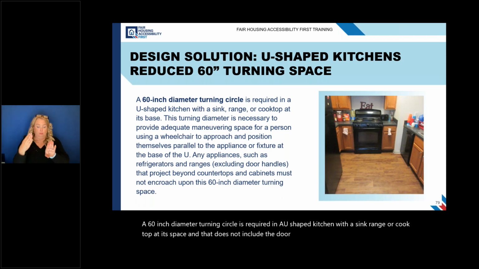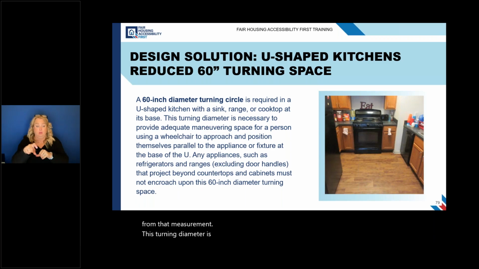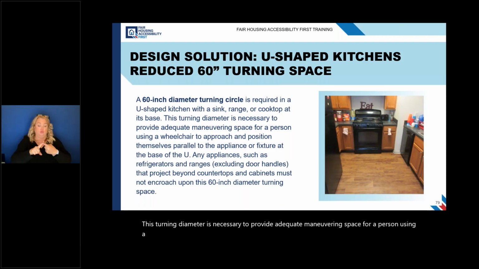The door handles are excluded from that measurement. This turning diameter is necessary to provide adequate maneuvering space for a person using a wheelchair to approach and position themselves parallel to the appliance or fixture at the base of the U.